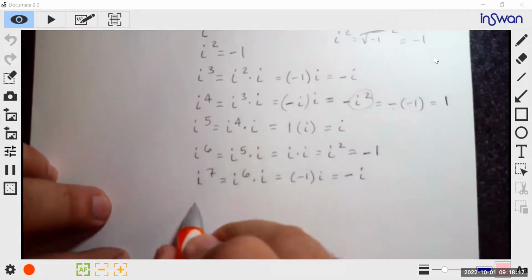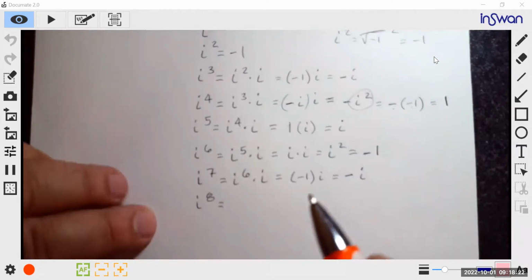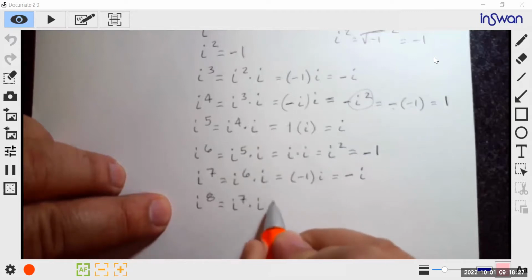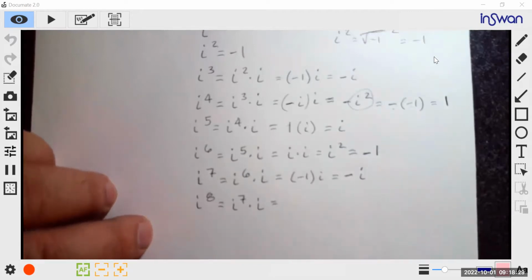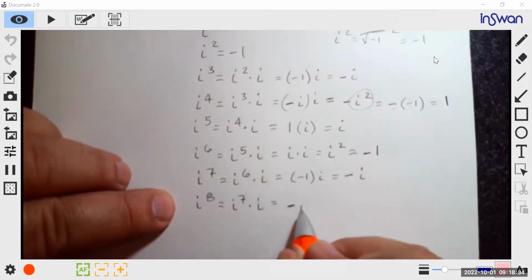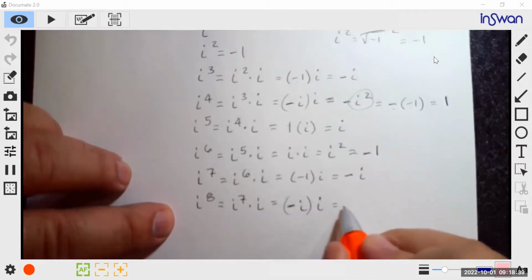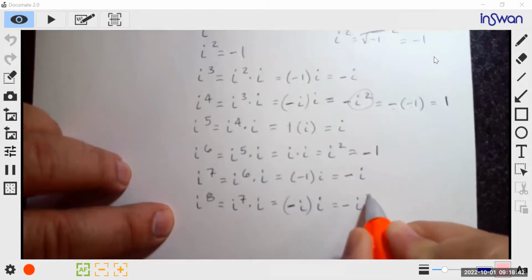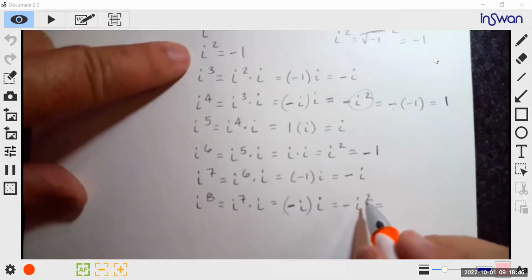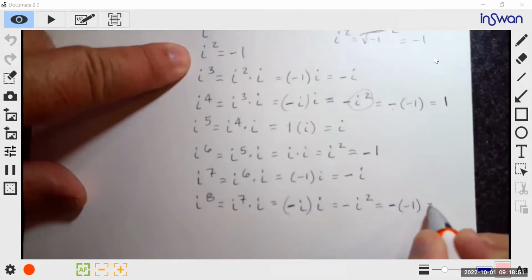Let's do one more. i to the 8th is i to the 7th times i. i to the 7th was negative i, times i, which is negative i squared. Well, i squared from up here, we know it's negative 1. So it's the negative of a negative 1, which makes it a positive 1.